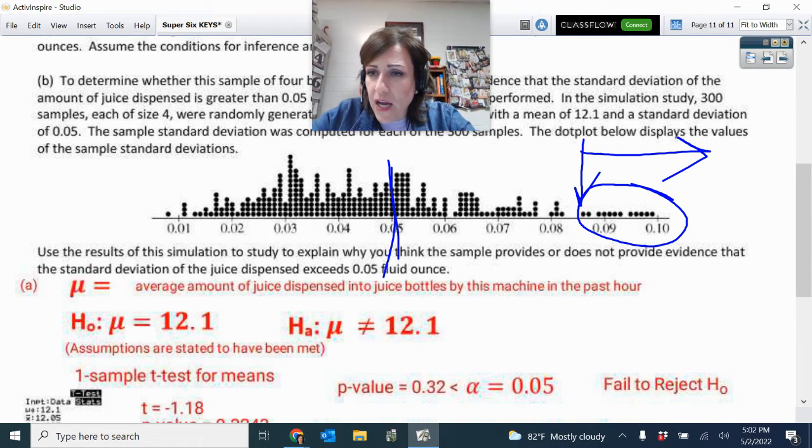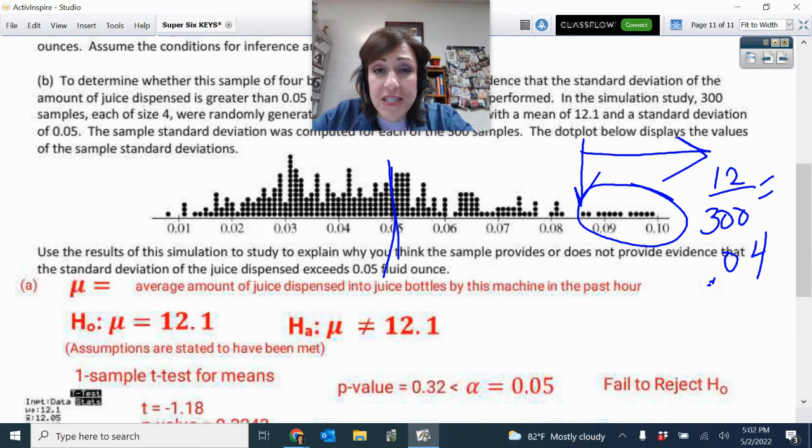So if I count how many samples gave me this upper amount, that's 12 out of the 300, which is 0.04. So 4% of the simulated samples gave me a standard deviation of 0.085 or more when the simulation was set at 0.05, if the null is true.